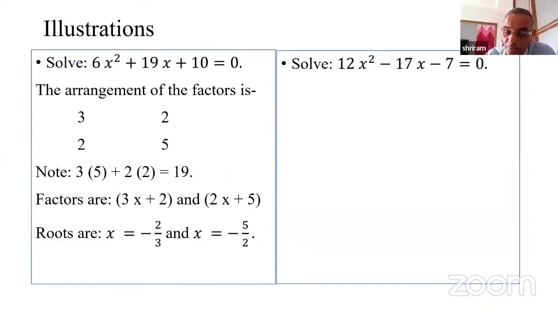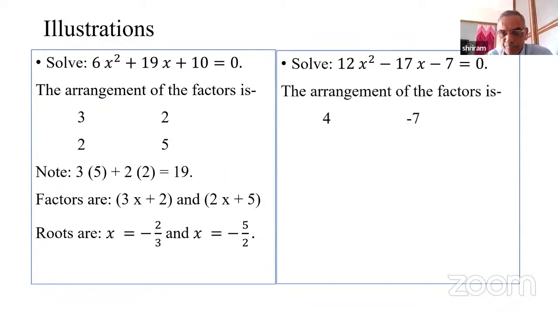So I will first write the factors of 7 and then arrange the factors of 12 so that the cross product is minus 17. So for minus 7 and 1, if I write the factors for minus 7, then there is no choice for me but to write the factors 4, 3, so that 4 into 1 and 7 into 3 will give me minus 17.